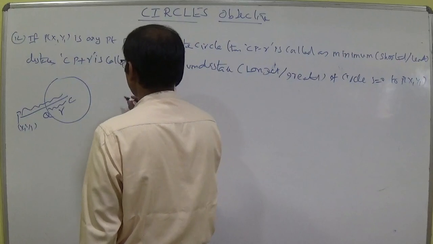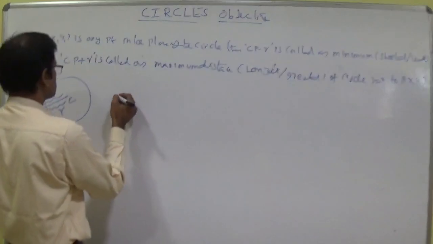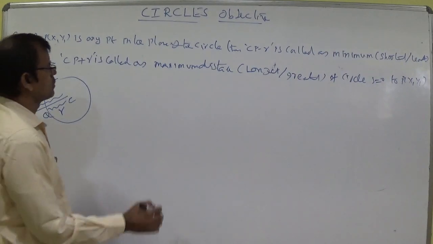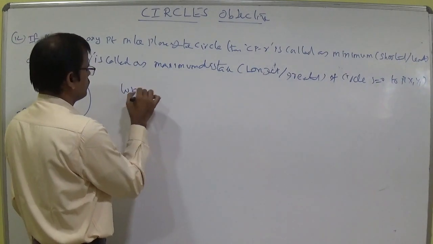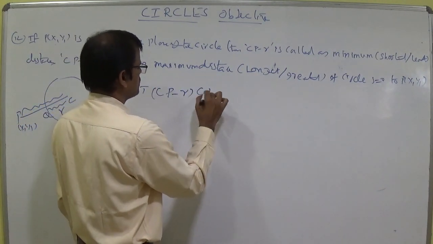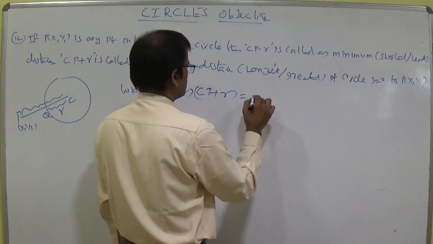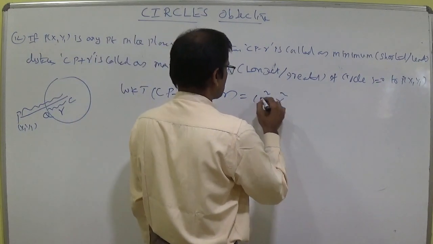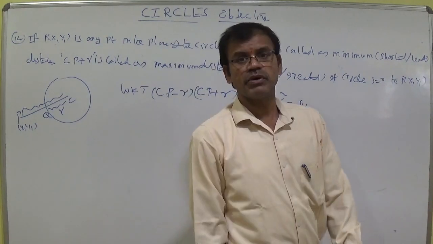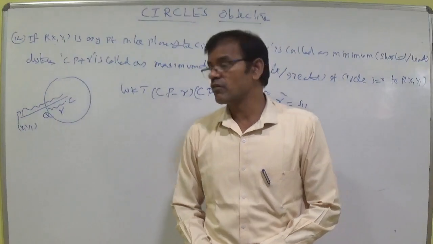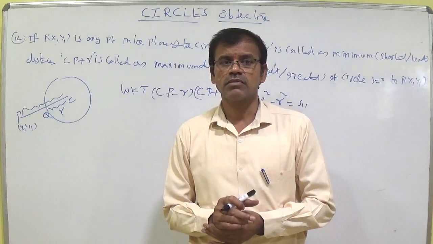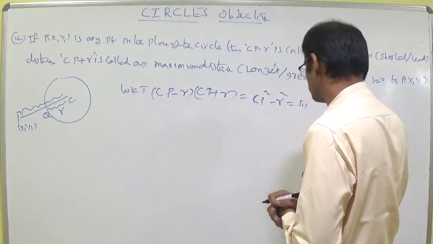And if it is CP plus R, CP plus R is max, and in the concept CP minus R is a small value. So using this one, I am writing CP minus R into CP plus R. CP minus R into CP plus R can be written as CP square minus R square. Power of point definition, I said that power of point with respect to a circle is simply nothing but it is CP square minus R square.